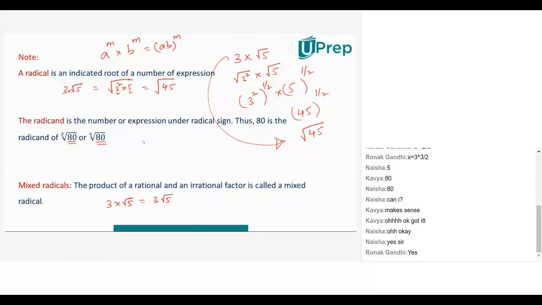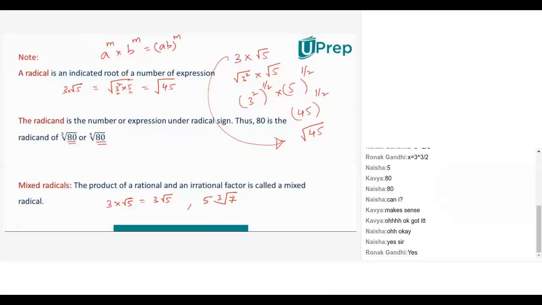Okay, let me check how many of you understood this mixed radical properly. So 3 into root 5 is called a mixed radical. Let me give another mixed radical example. I want simplification also. Tell me, 5 into cube root of 7.